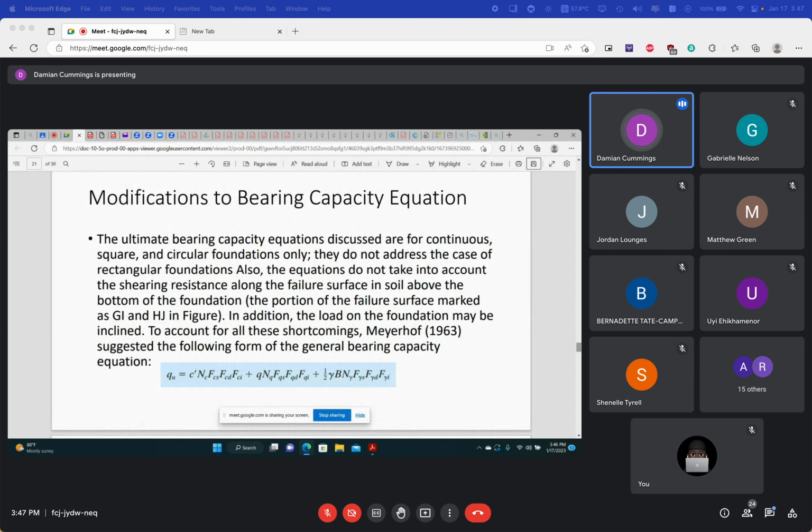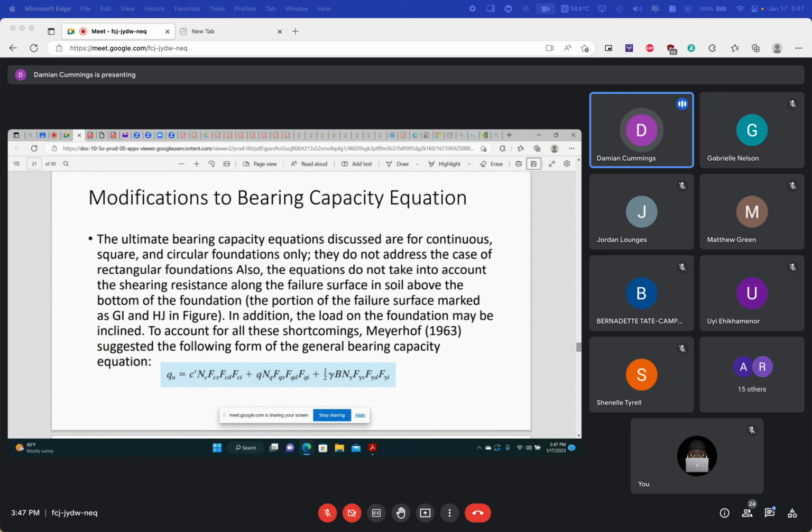Modifications to bearing capacity equation. The ultimate bearing capacity equations discussed are for continuous, square and circular foundations only. They do not address the case of rectangular foundations. Also, the equations do not take into account the shearing resistance along the failure surface in the soil above the bottom of the foundation, the portion of the failure surface marked as GI and GH in the figure.